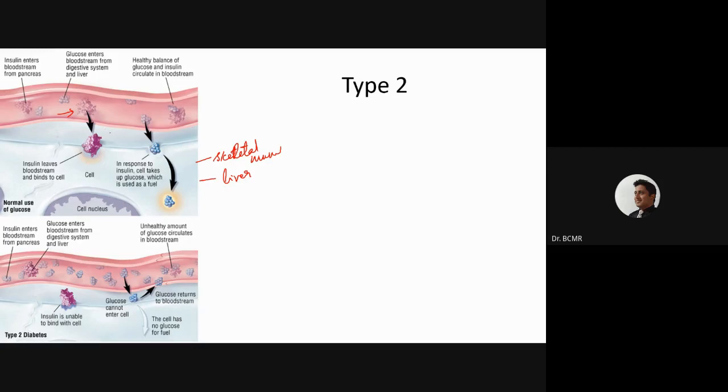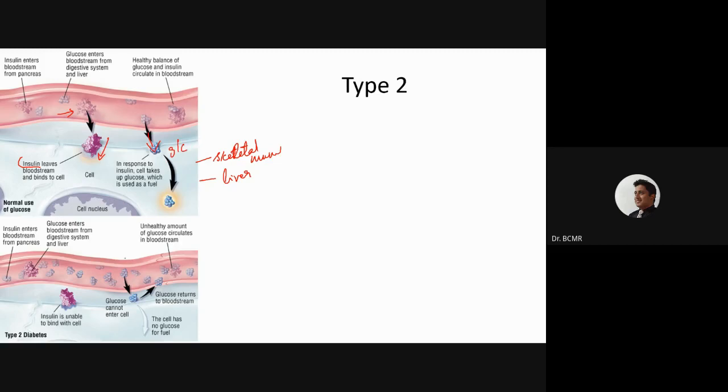So the trigger for these kinds of cells to take up blood glucose comes from insulin. Insulin is produced by beta cells. It might bind, but the cell fails to respond. Normally, insulin binding to the cell would increase the uptake of glucose.